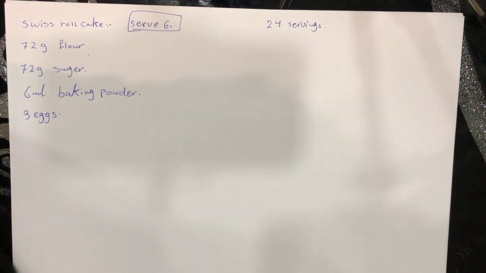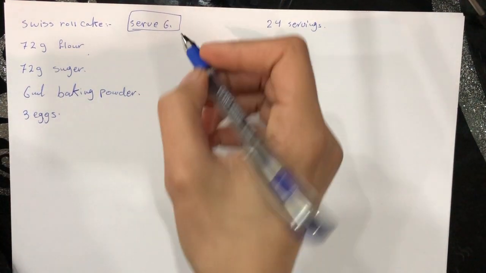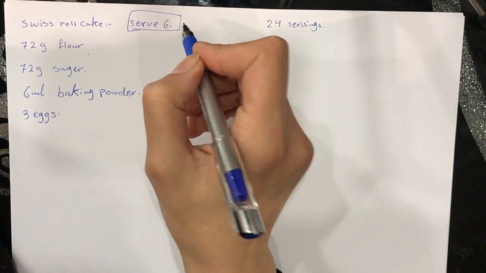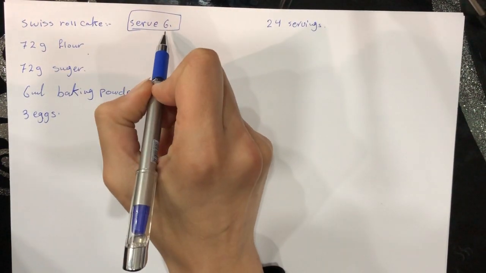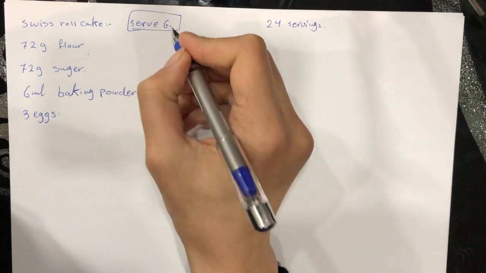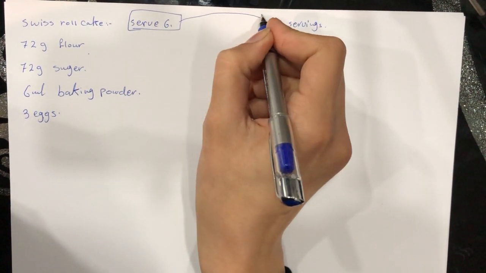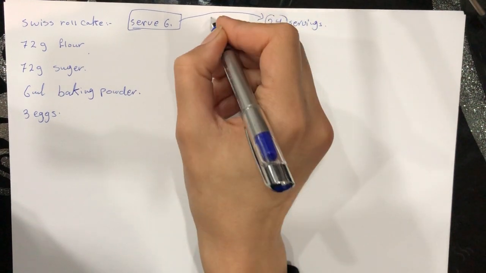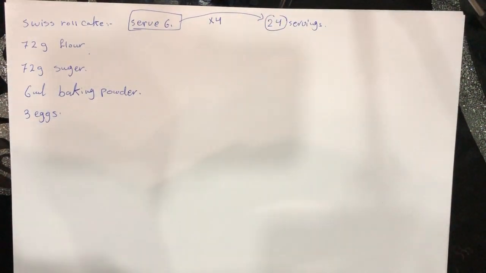I'll need to make 24 servings. The first step to finding these ingredients in their new measurements is by finding the ratio, or the relationship, or the proportion between the servings. How did the 6 servings become 24 servings? I multiplied it by 4.